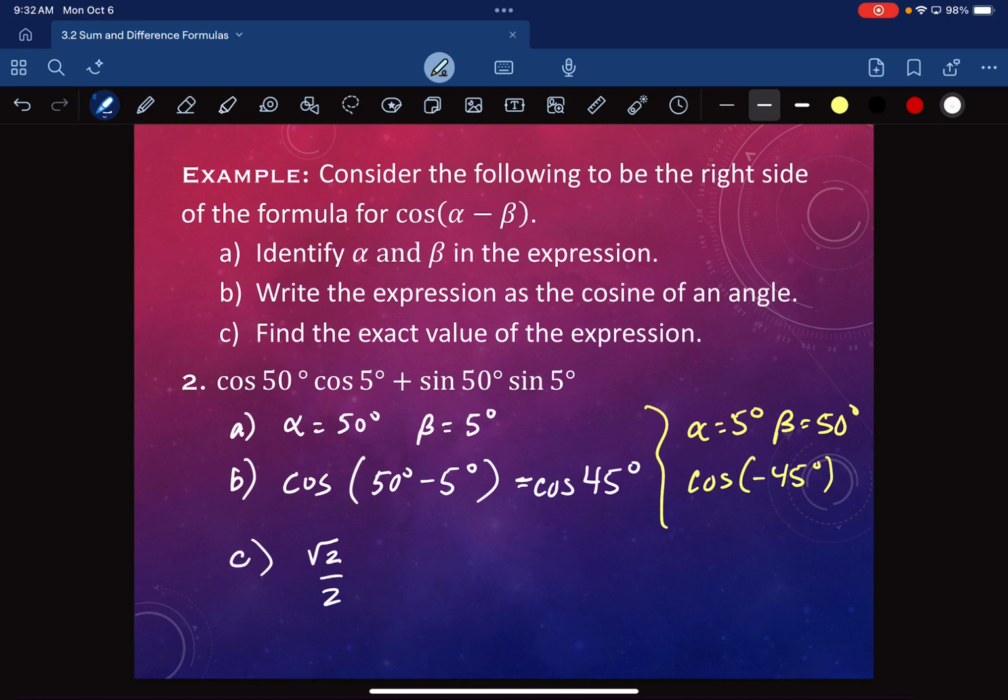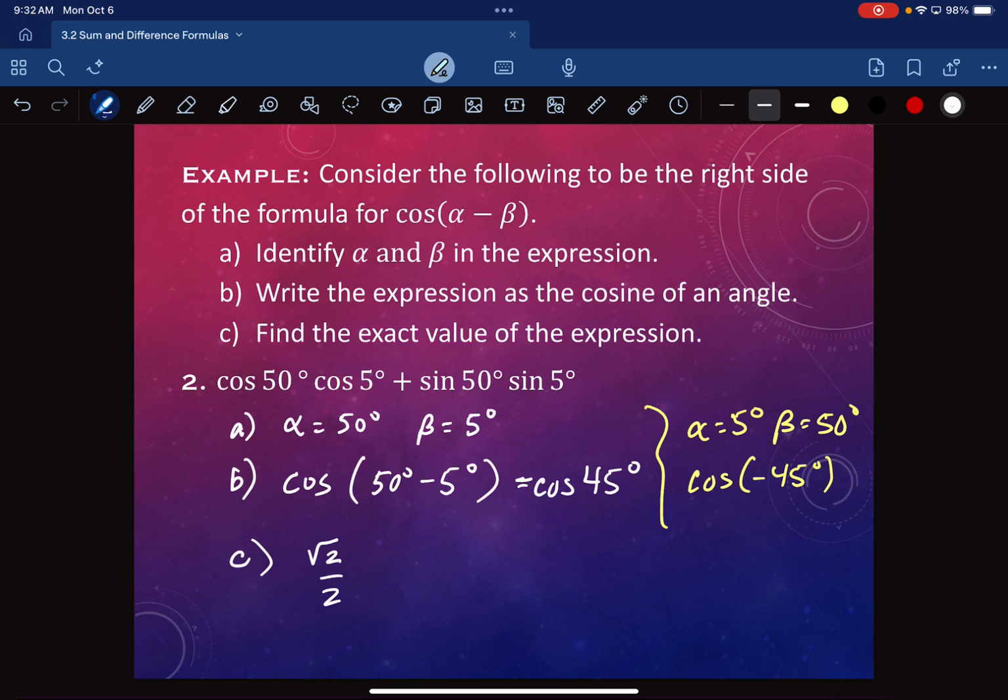It is worth noting that if you put the exact expression that they gave you in the calculator, first of all, it's not going to tell you square root 2 over 2. It's going to give you some decimal expression, so you have to compare it to the decimal you would get by putting square root 2 over 2 into your calculator. You can't identify it from just a one-step process. You have to use a little bit of reasoning to make sure that you're identifying the right pieces.